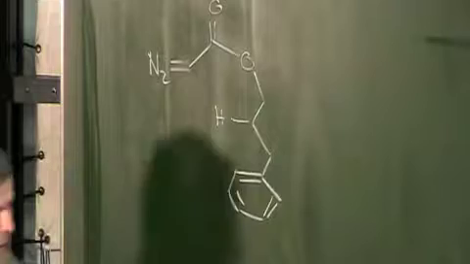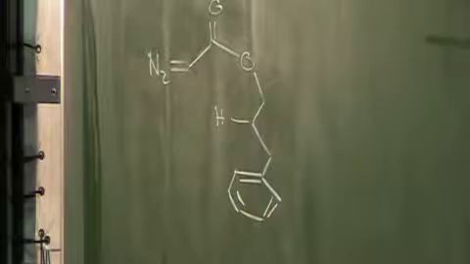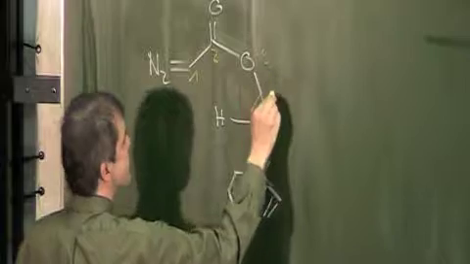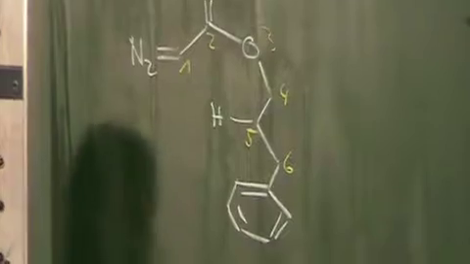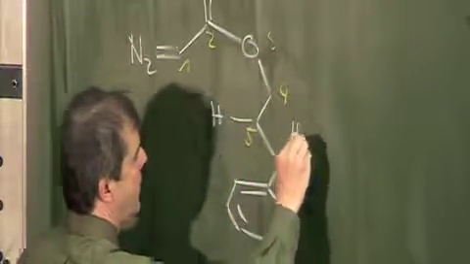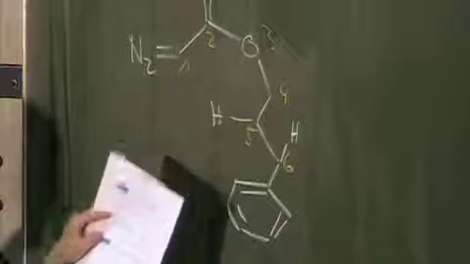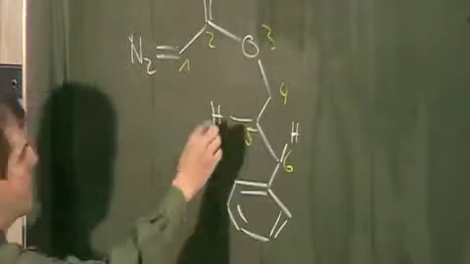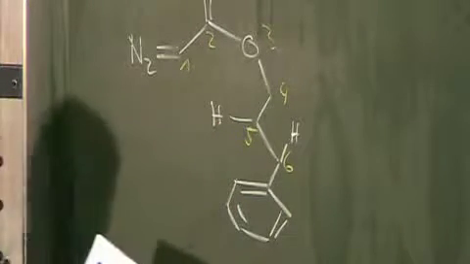Now, if we look at this substrate here, you would see that we have a benzylic position which should be activated for the CH insertion. However, this would give us a 6-membered ring. And this CH here, which does not look very activated, would lead to the 5-membered ring.